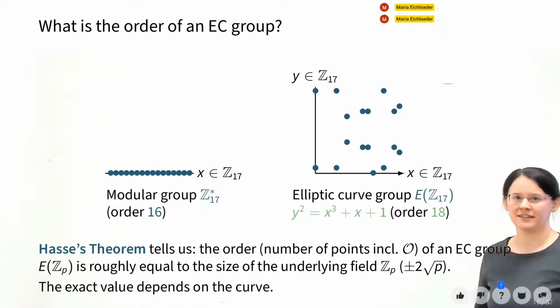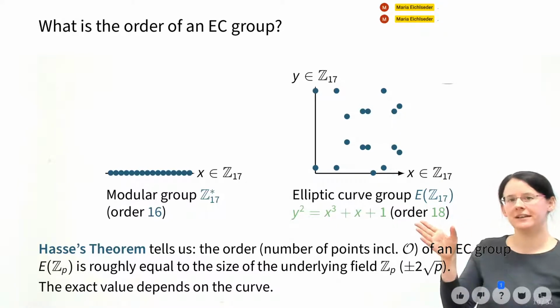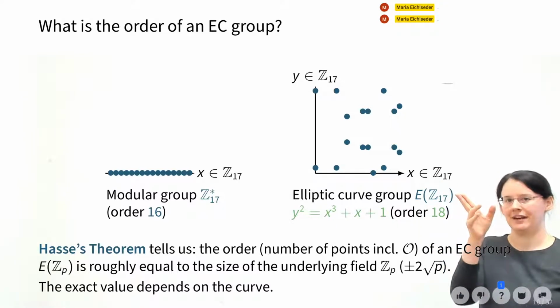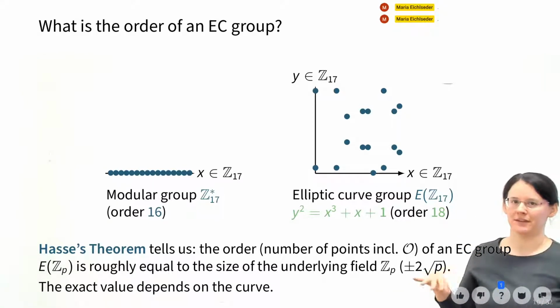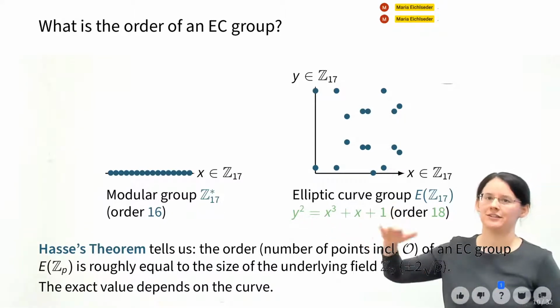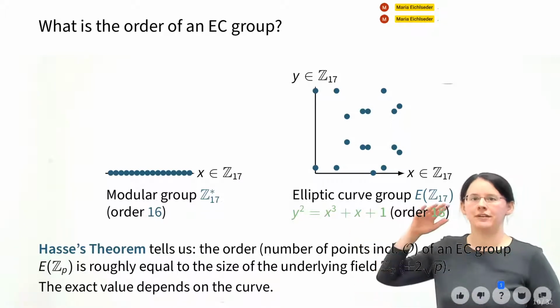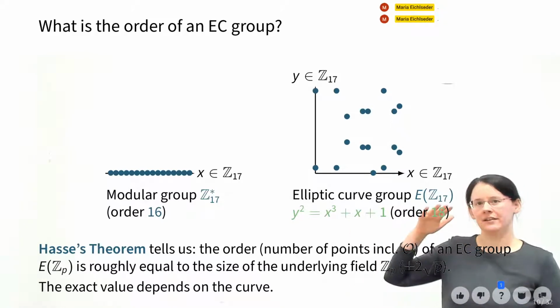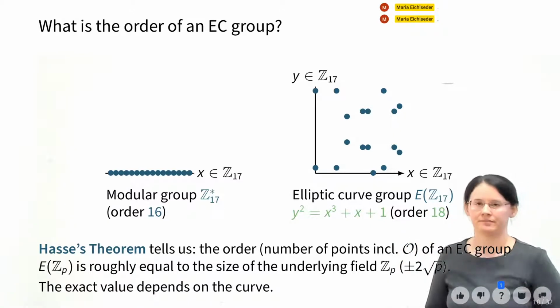And it tells us that the number of points on the curve is approximately equal to the size of the finite field, but plus minus some error term, which also depends on the size of the field. So it's somewhere in the vicinity, but it varies, and it depends on which equation exactly I choose. But the main message is, if I know the size of the underlying field, I also have a rough approximation of the group size here.